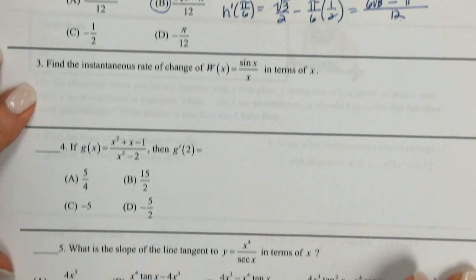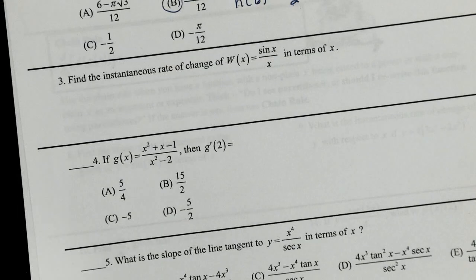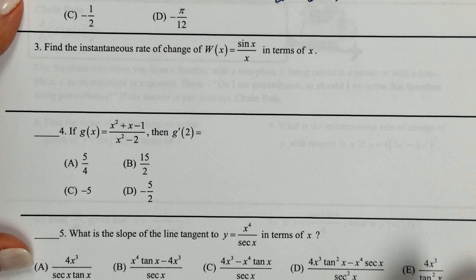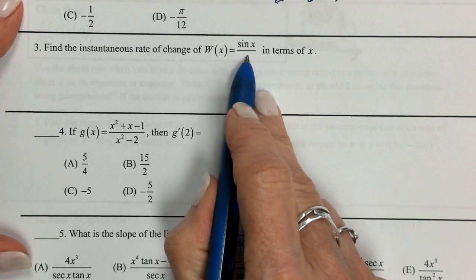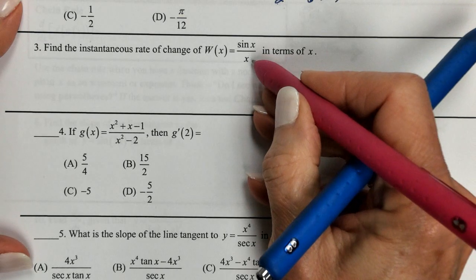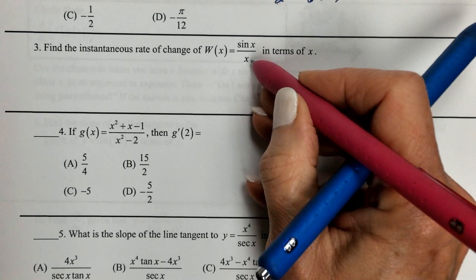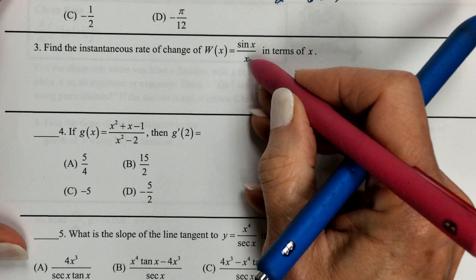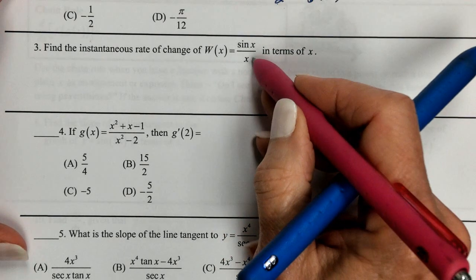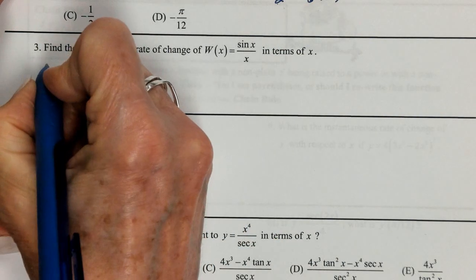Number 3. Find the instantaneous rate of change of w, which is a quotient. And again, you guys, if this x was just a number, I would not use the quotient rule. You could use it, but you don't have to if it's just a number. But since it's an x down here, we need to use the quotient rule.